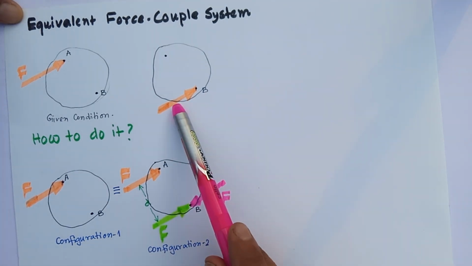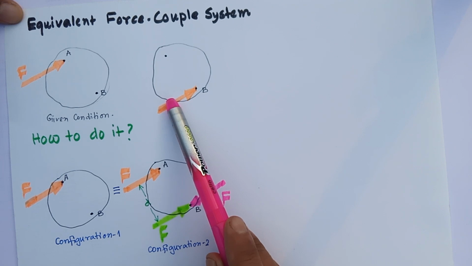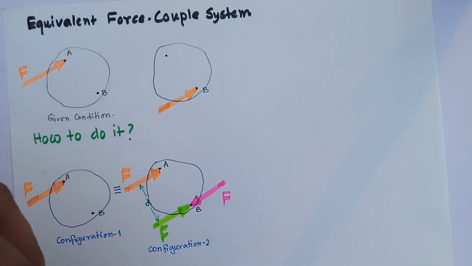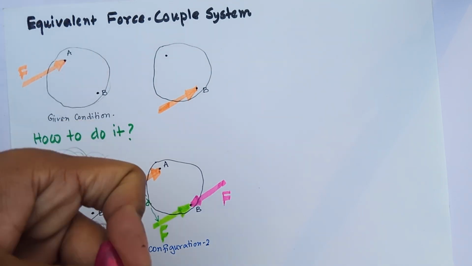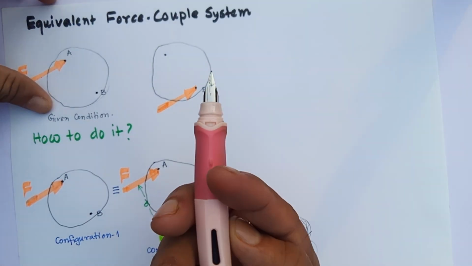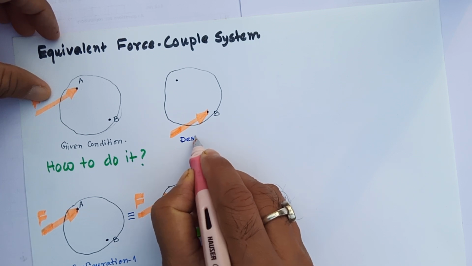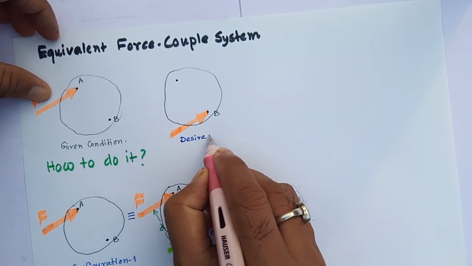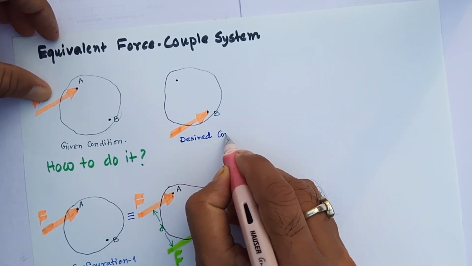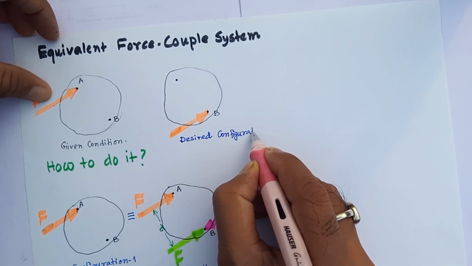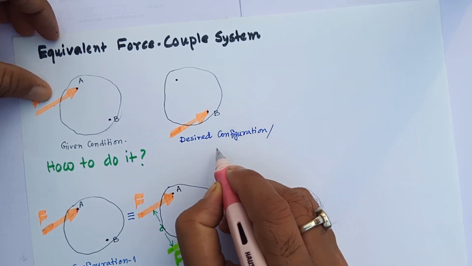That is the target that we want to achieve. That is the desired condition or desired configuration.